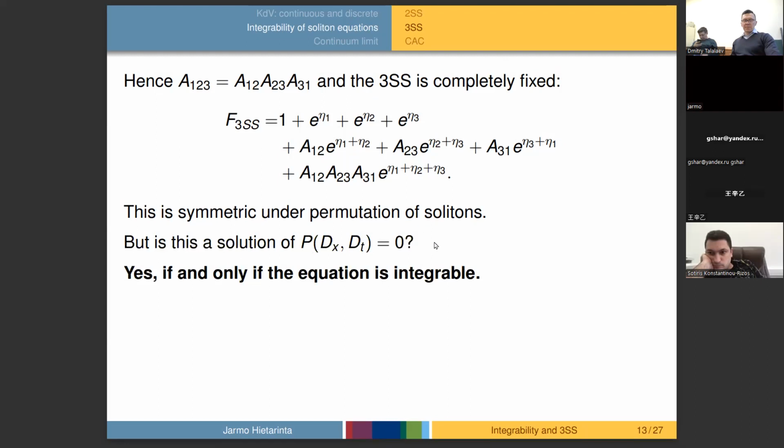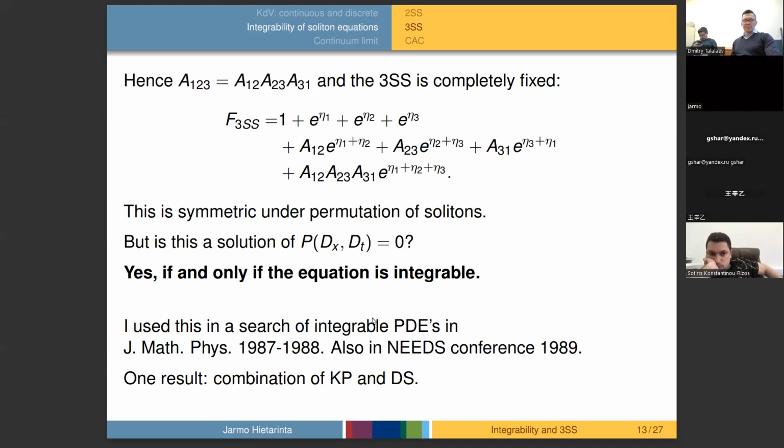So this is the indicator of integrability. If this three-soliton solution solves the original equation, then it is integrable by any definition of integrability. It turns out so in practice. For example, I made this kind of search where I considered some general form of P, not fully general, but with some generality.